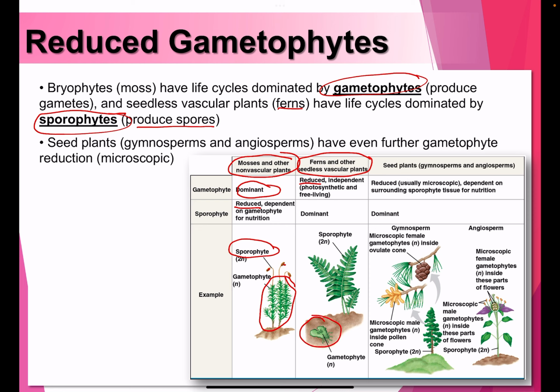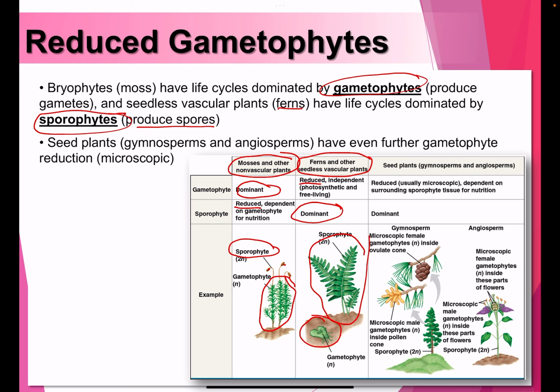They're photosynthetic themselves, which means they can produce their own food, and they are free living, separate from the sporophytes. And hence the seedless vascular plants, which is ferns, have a life cycle that is dominated by the sporophyte stage, which is why the sporophyte is a lot bigger. And that's the leafy part of the plants.